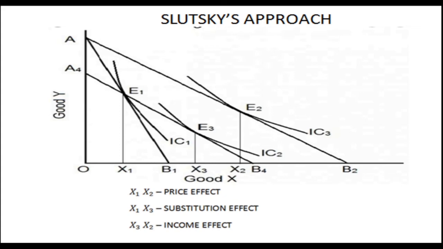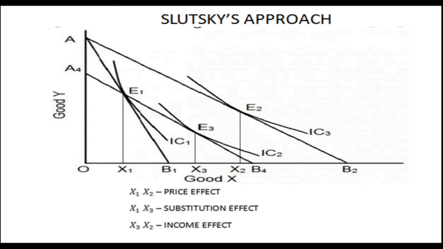And Slutsky suggested that if the price effect is given and any effect, income effect or substitution effect, is given, then it will be easy to derive the other effect.